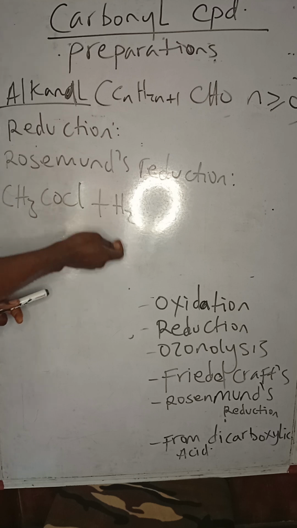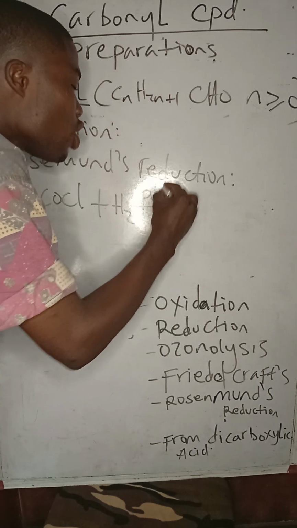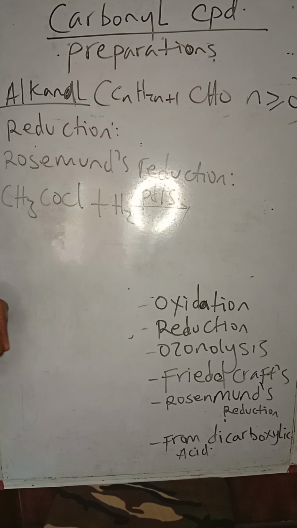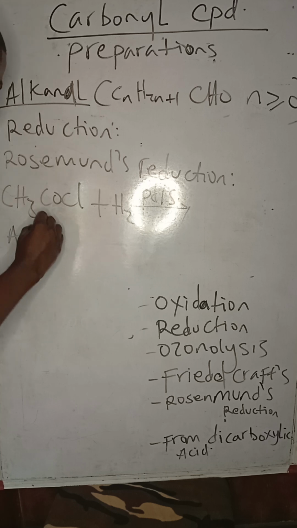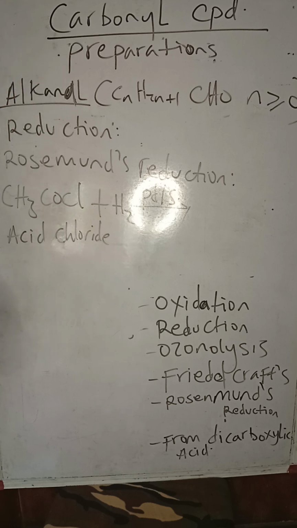So when hydrogen is added to acid chloride in the presence of palladium poisoned with sulfur catalyst, this reduction is Rosenmund's reduction. And normally what happens is that the acid chloride is reduced to alkanals instead of going to alkanols.